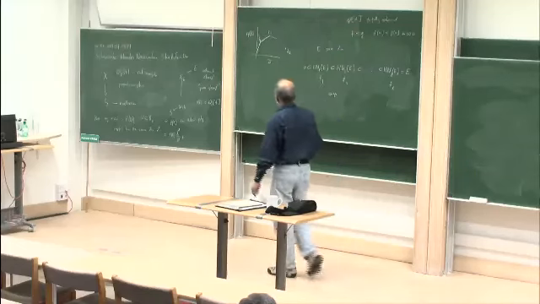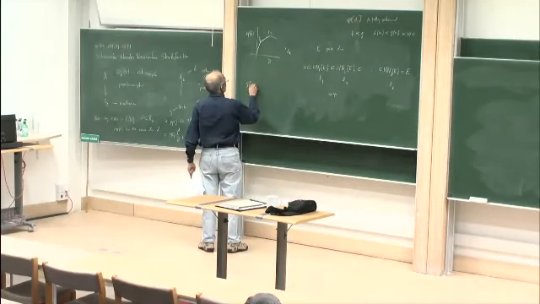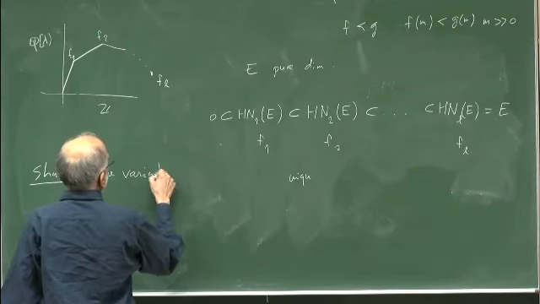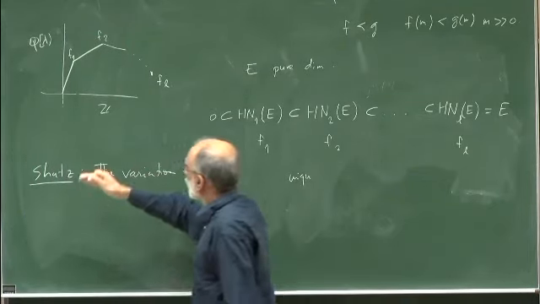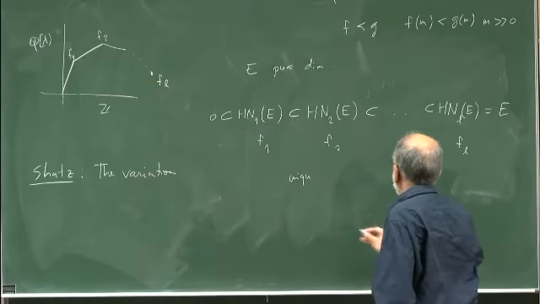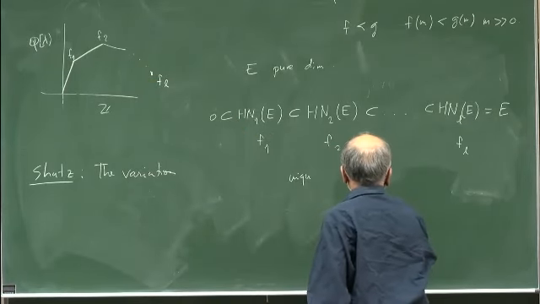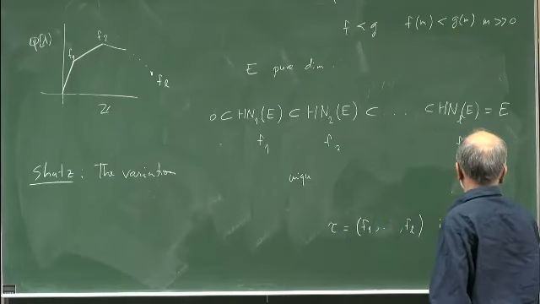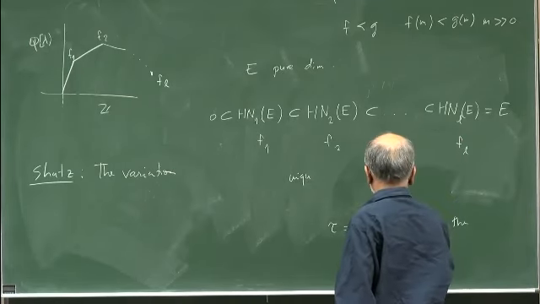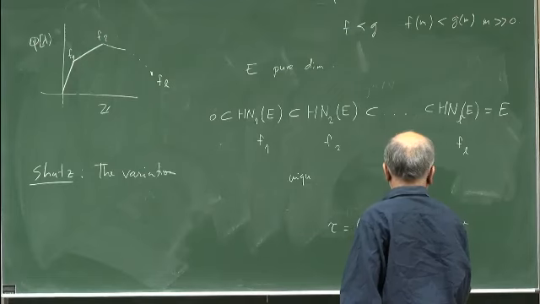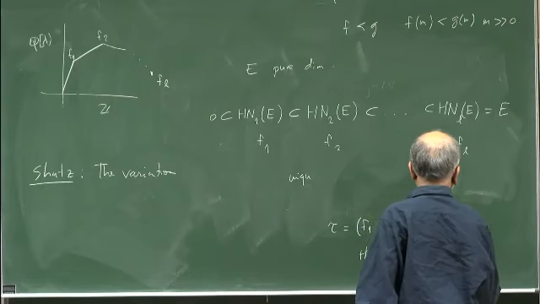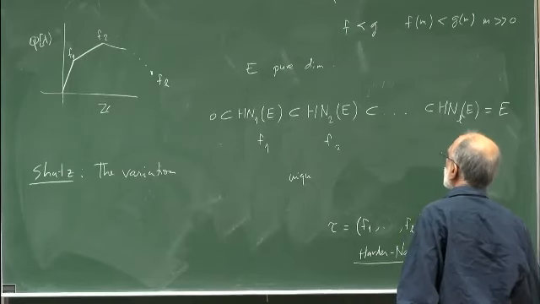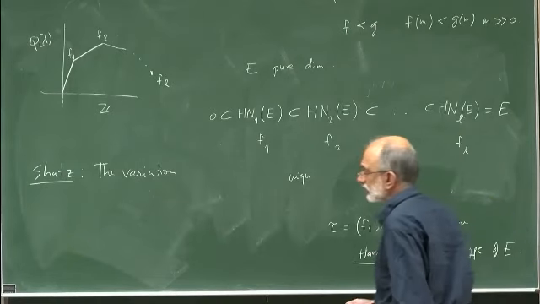Now, Shatz studied the variation of this. So, this is called the Harder-Narasimhan type.